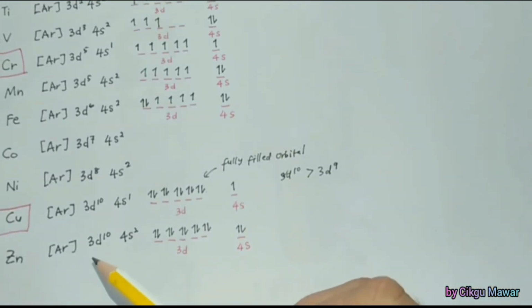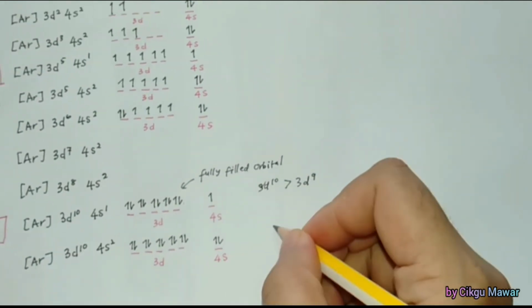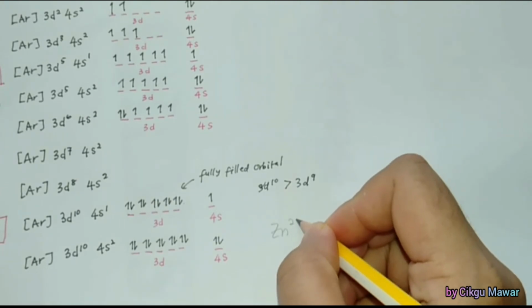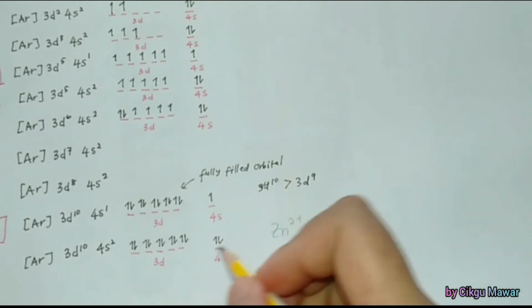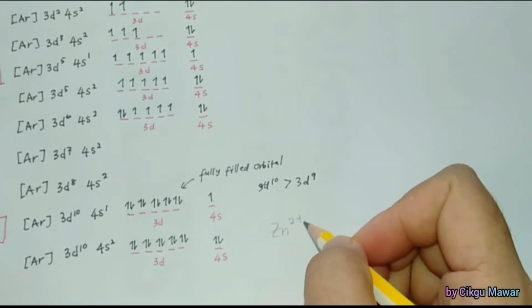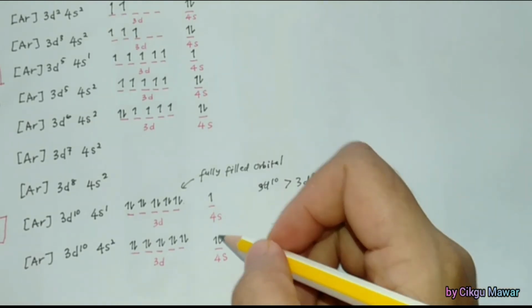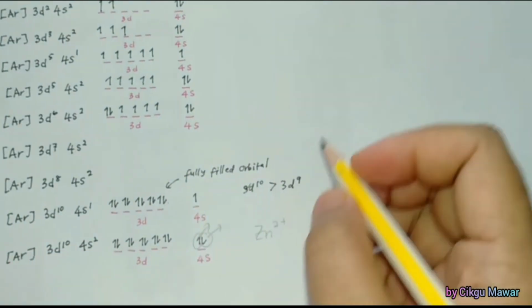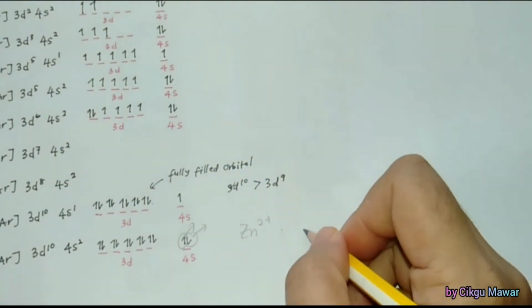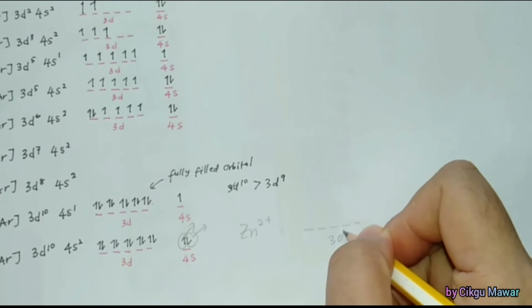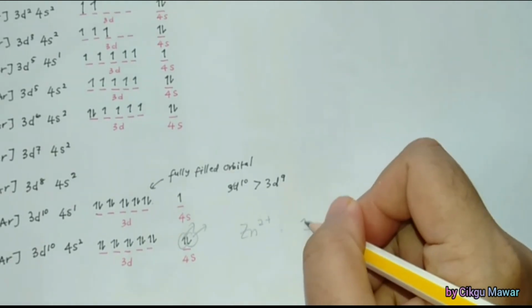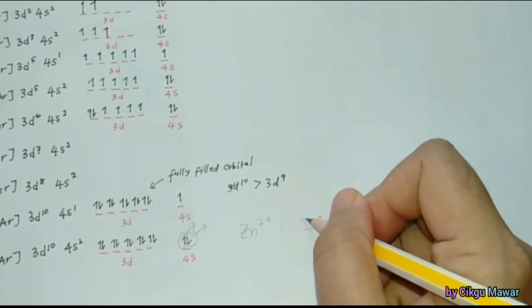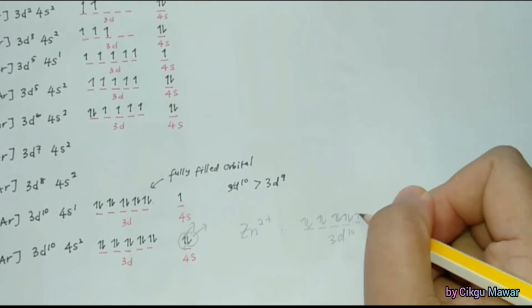For zinc, why is zinc not part of the transition elements? Let's take a look when zinc forms zinc 2+. It will remove the outer 2 electrons, which we remove from the 4s orbital, 1 and 2 here. So what we form is 3d10, where all the electrons in the 3d orbital are fully filled.